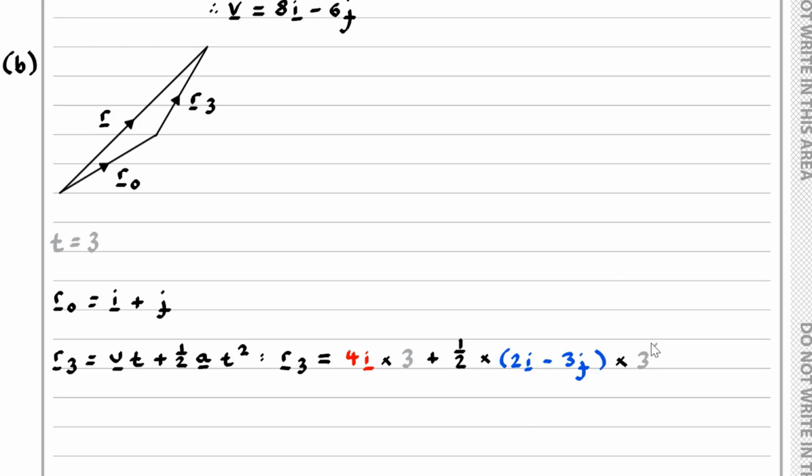So we will multiply by 3 squared, from which we can conclude r3 is equal to 21i minus 13.5j.